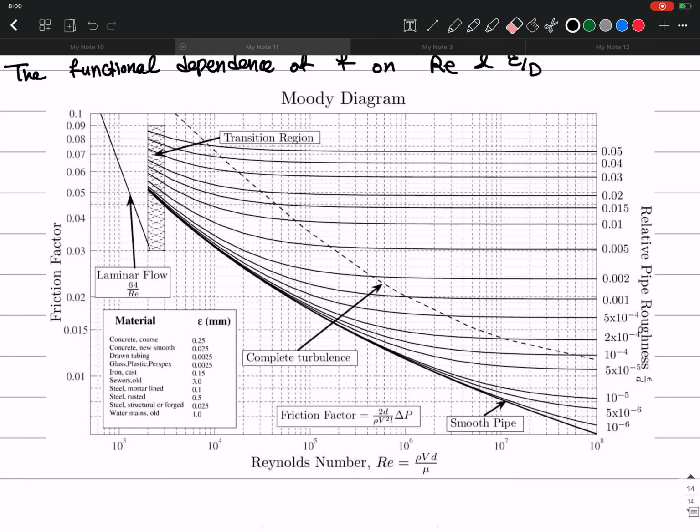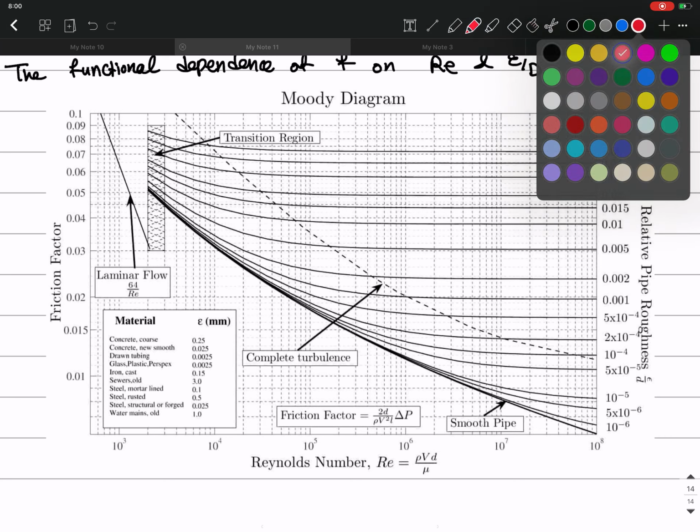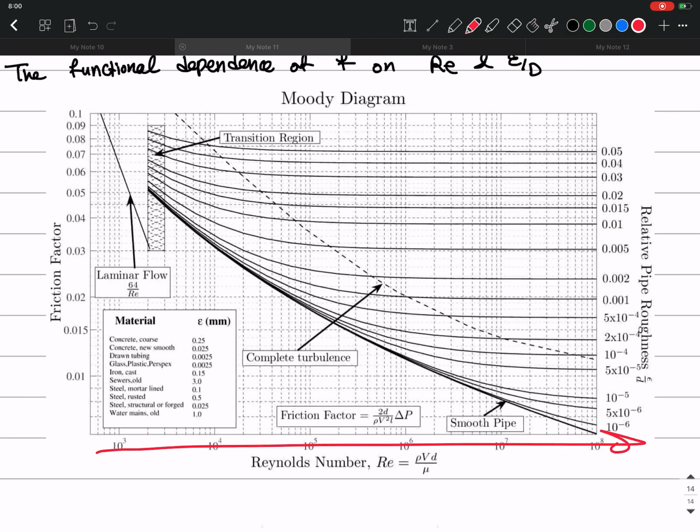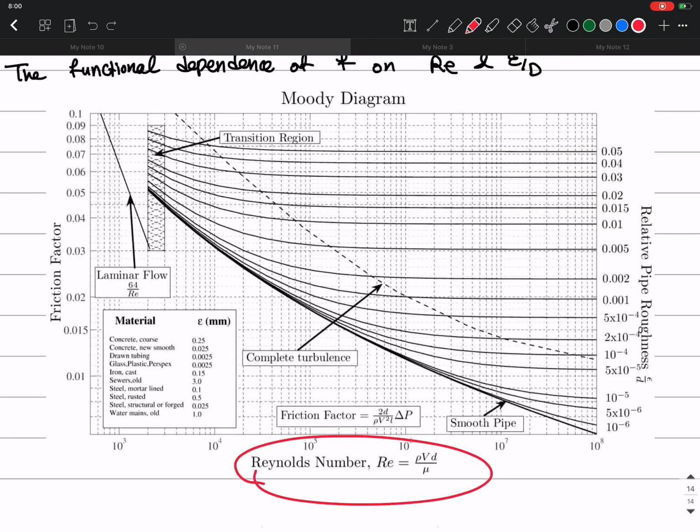In the x-axis, what we have is the Reynolds number, which is defined as rho, density, times velocity times d, the diameter of the pipe. So d is the diameter of the pipe, and mu is viscosity, okay?